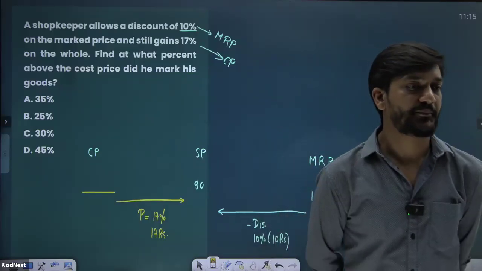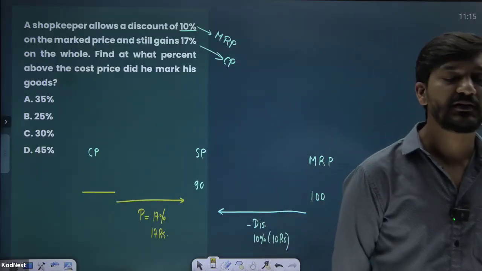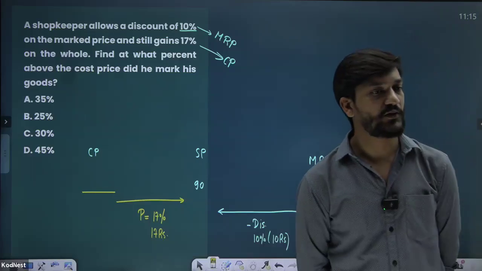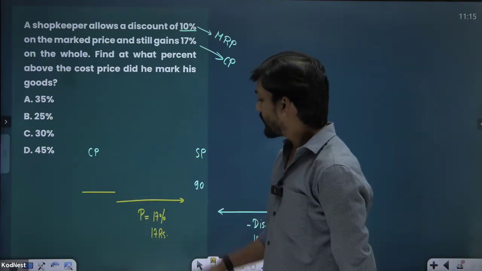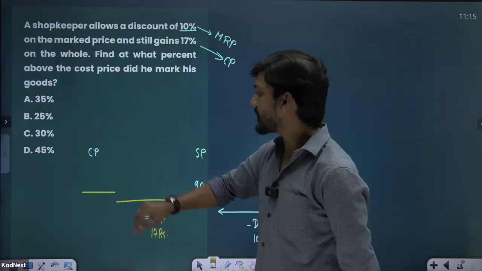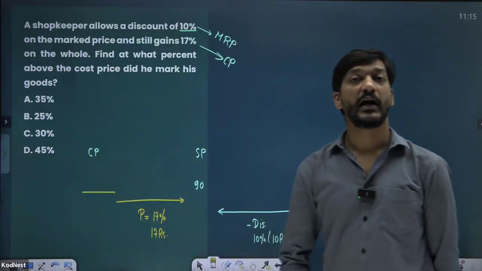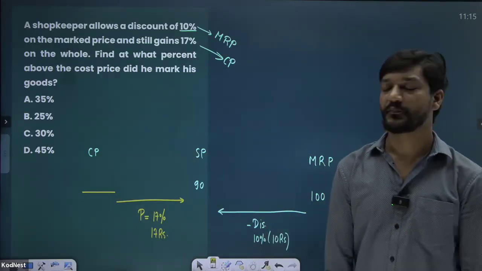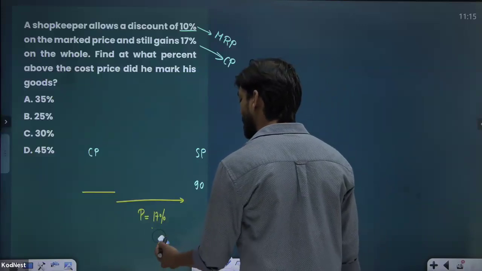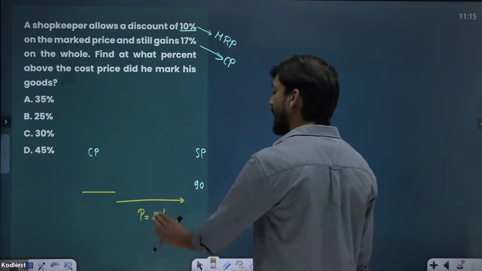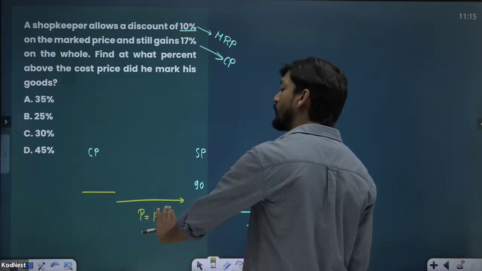No, cost price is not 100. Profit percent, cost price is the base, and base is not 100. I don't know what is cost price. So don't say that. All right. So I know profit percent, but I don't know profit.